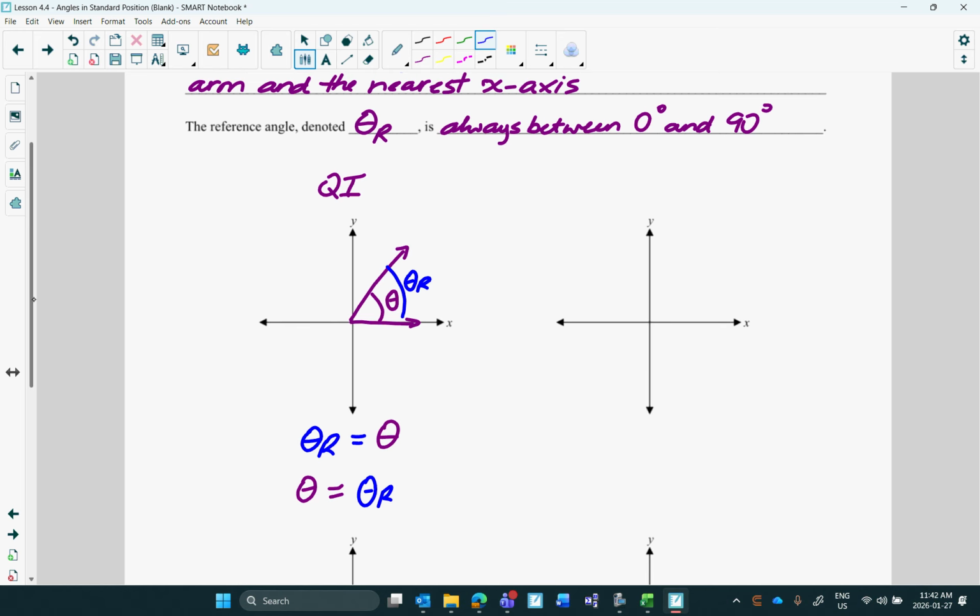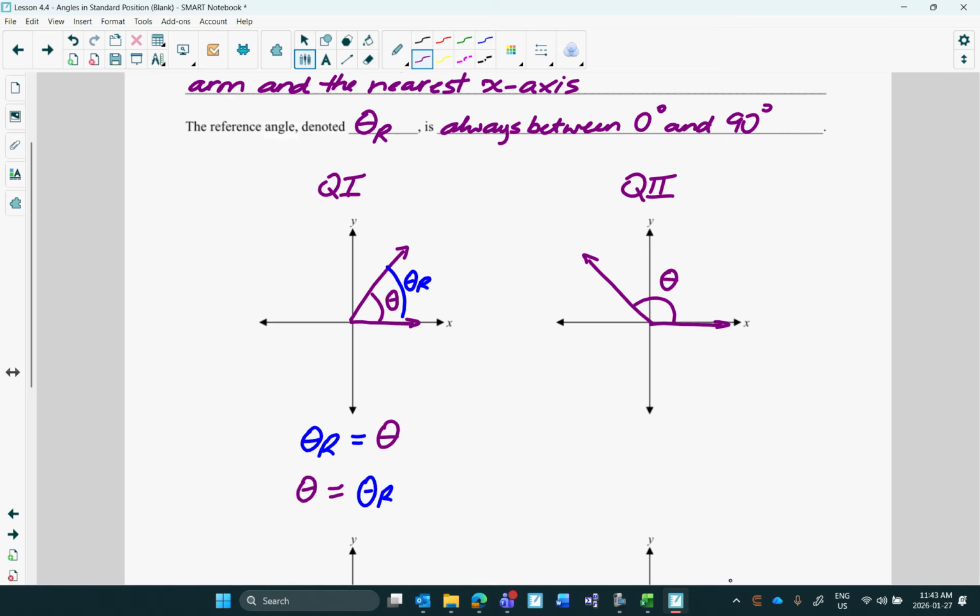What happens in quadrant 2? So let's draw an angle, theta, in standard position in quadrant 2. So it's just, the terminal arm just shoots out anywhere in quadrant 2. Remember, the reference angle is the angle between the terminal arm of this one and the nearest x-axis. Where's the reference angle here?